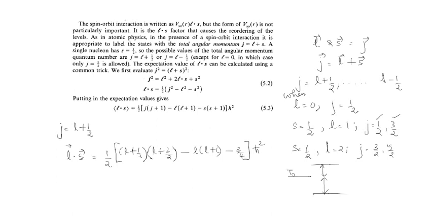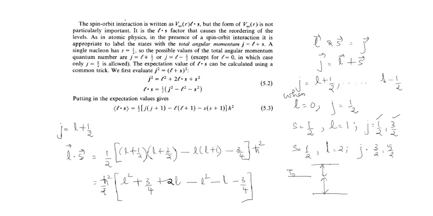Now, opening the brackets and simplifying, what will I get? I will get half, ħ square by 2, let it be there. When I open this bracket, I get L square plus 3 by 4, plus those cross terms, 3 by 2 L plus half L, that gives 2L, minus L square minus L minus 3 by 4.